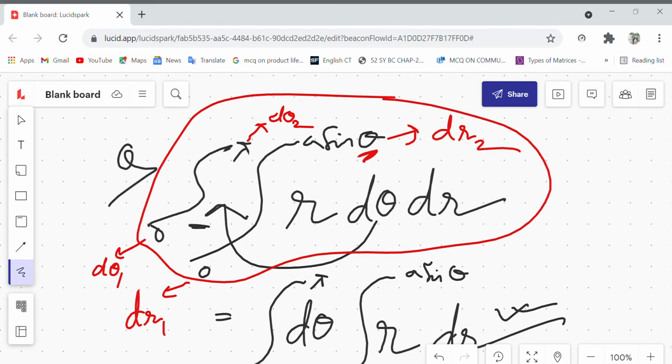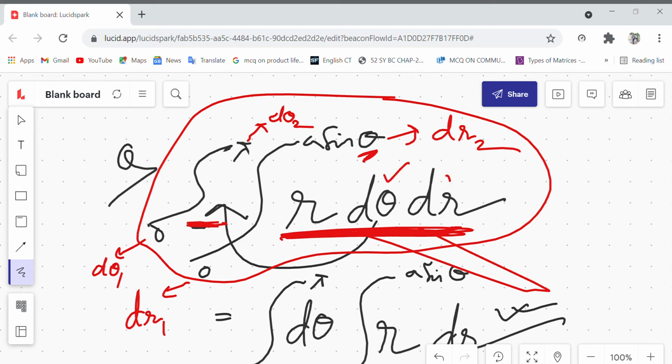First, when we see this question, what comes to our eye? r d theta dr, this comes to our eye. Then we see this space is blank and needs to be filled with either d theta or dr. We have to concentrate much on the right hand side limit.